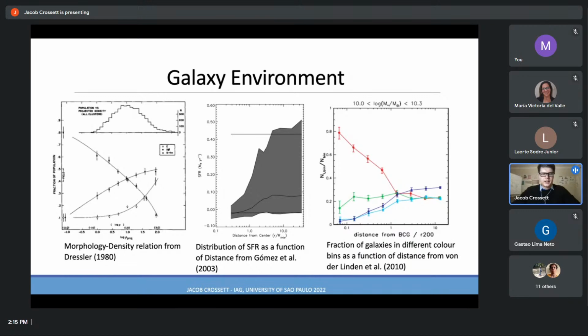In the middle, we see that if we have a distribution of the star formation rates, how many stars are being made over a short amount of time, we can see that the distribution of star formation rates drops as you get closer and closer to the center of these dense structures that we're speaking about. And then on the far right-hand side, we can see the changes in different colors of galaxies.